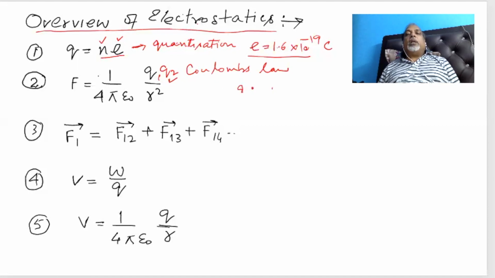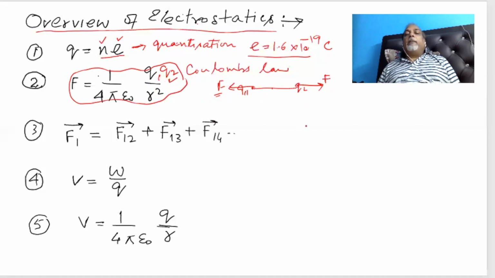Suppose you have Q1 charge like this and Q2 charge like this. If both are positive, then due to Q1, this Q2 will experience F like this. Due to Q2, this Q1 will experience force like this. And these forces will be same. The magnitude of this force will be 1 by 4 pi epsilon 0 Q1 Q2 upon R square. So this is the Coulomb's law we studied while studying the electrostatic chapter.